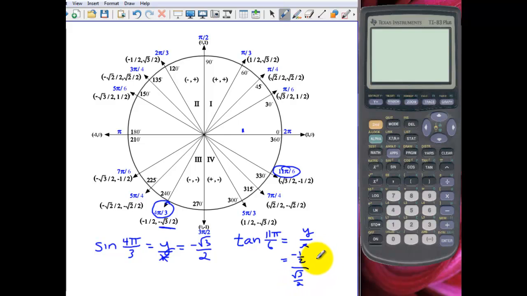We turn that into multiplying by the reciprocal. Our 2's cancel out, so we get negative 1 over radical 3. And we have to multiply that by radical 3 over radical 3 to rationalize, and so our answer here is negative square root of 3 over 3.